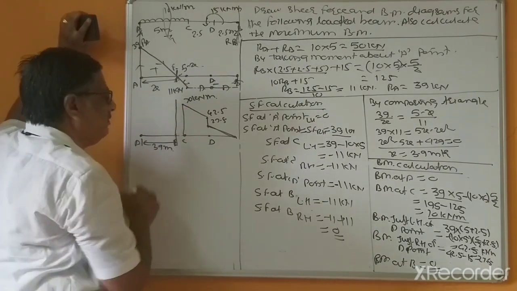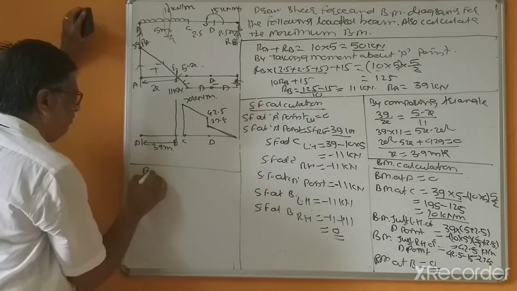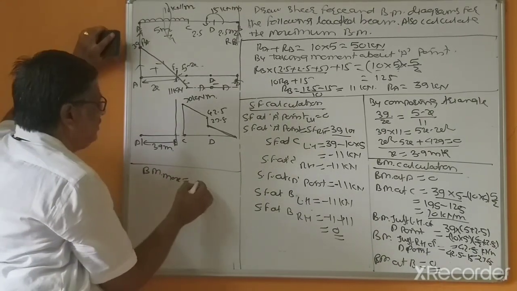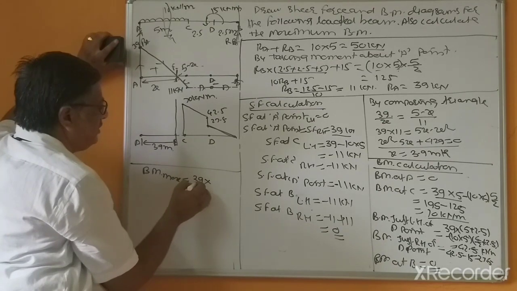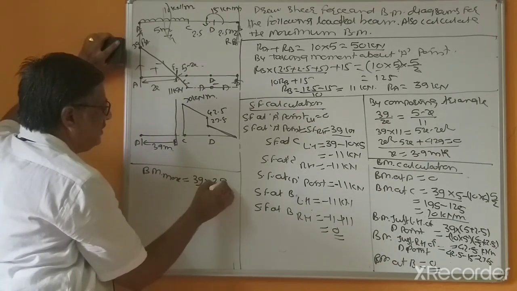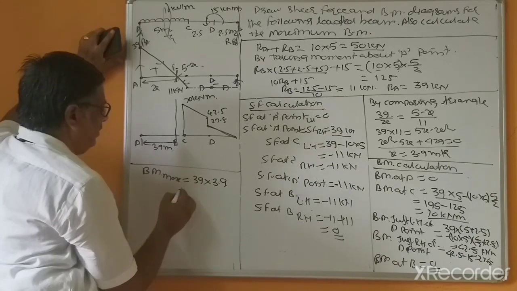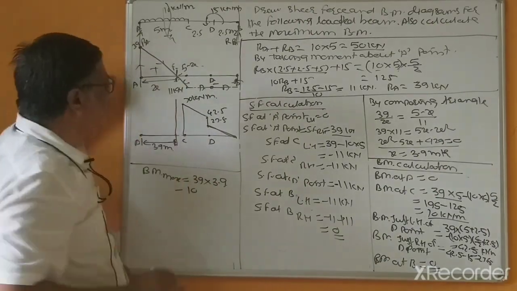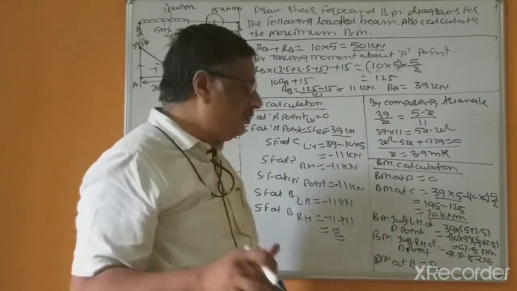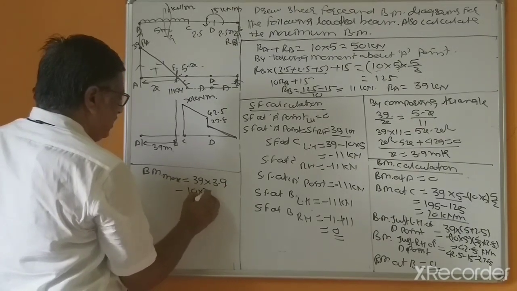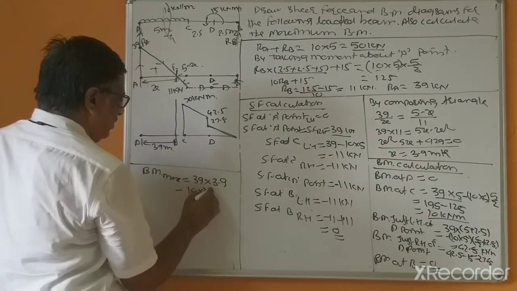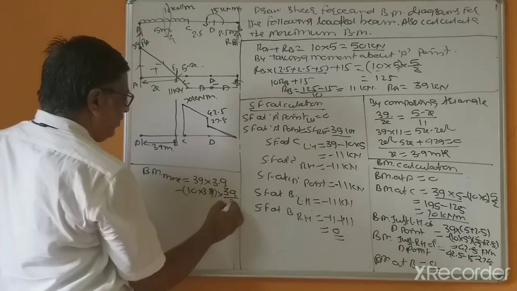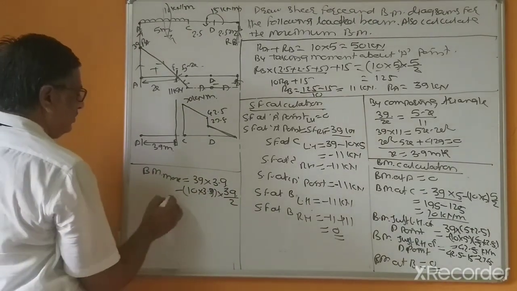So bending moment maximum equals reaction RA 39 multiplied by distance, minus the uniform distributed load, negative because this is anti-clockwise, 10 kilonewton per meter, and distance equal to 3.9, multiplied by half of its distance, 3.9 divided by 2.